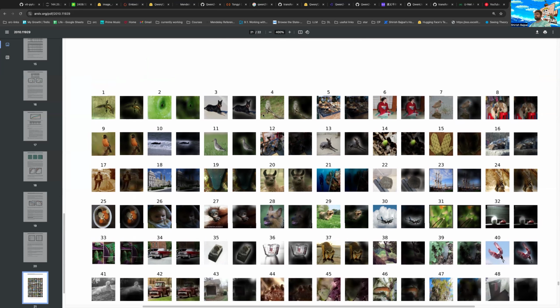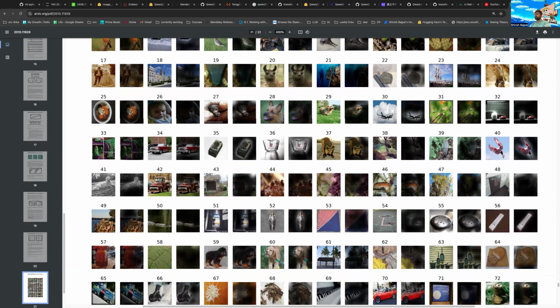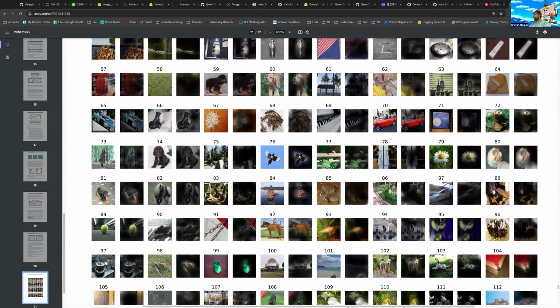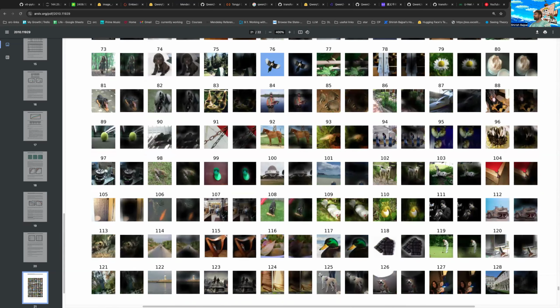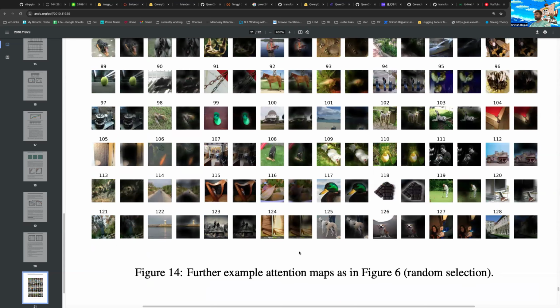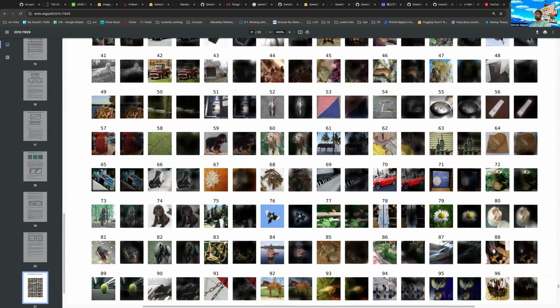If we pass, let's say, this image of an owl, and you look at the darkened circle, less useful pixels are darkened out, right? So it will attend only to the more relevant piece in the image. This job is done by the attention mechanism. Here are a few examples that they have randomly selected.